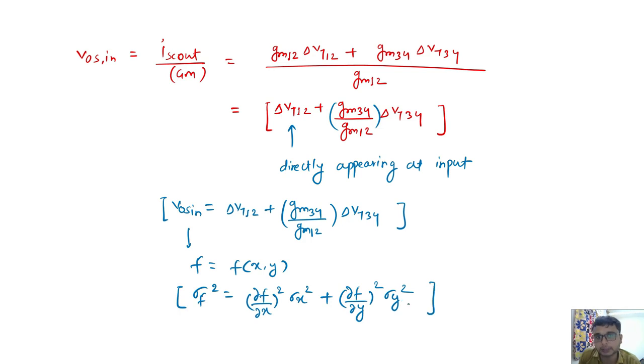This is the total standard deviation. Because we represent the noise in terms of the standard deviation, you can write it like this. Otherwise, this expression is enough for the interview purpose.